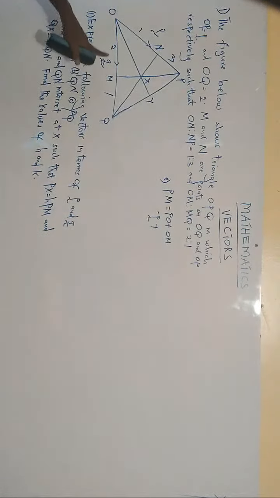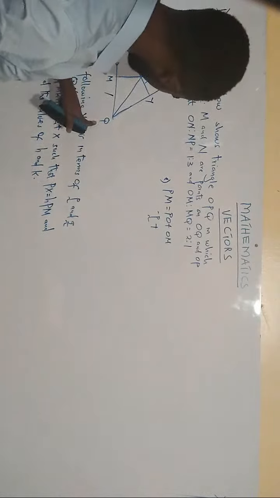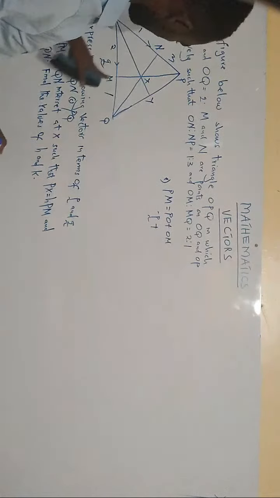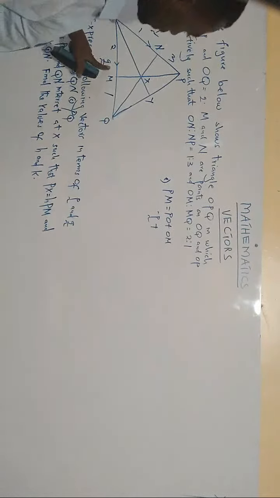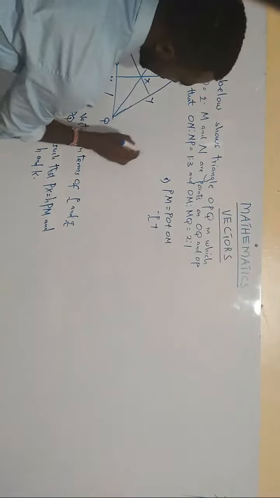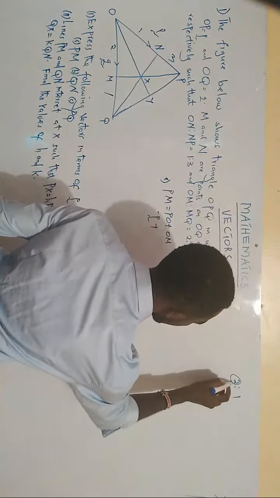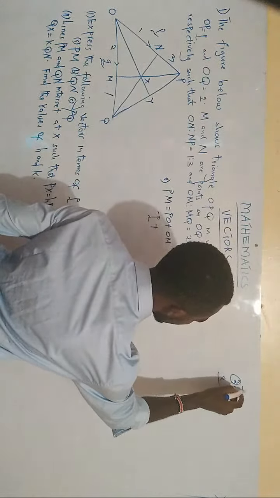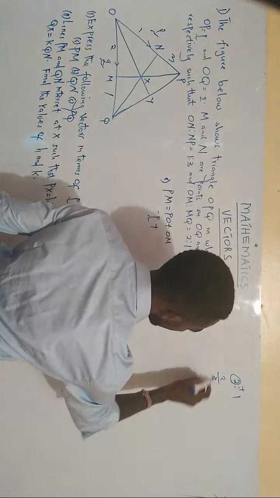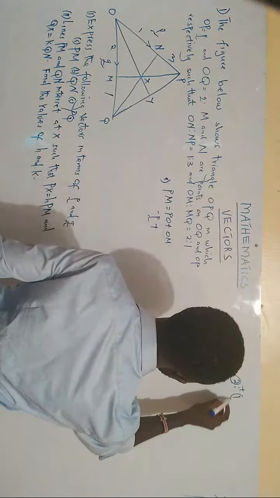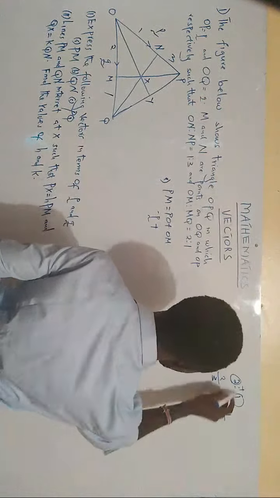Now OM, we know that OQ is Q, but M divided this line in the ratio of 2:1. Remember when a line is divided by this ratio, 2:1, this part covers 2 out of the sum of the two ratios, which is 3, and this part covers 1 out of the total, which is 3.